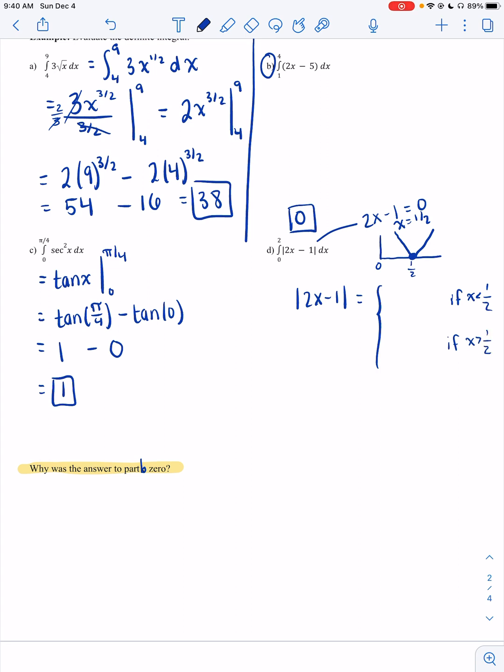When x is less than 1/2, my line is sloping down, so that's going to be negative 2x minus 1. And then the other one will just be 2x minus 1.